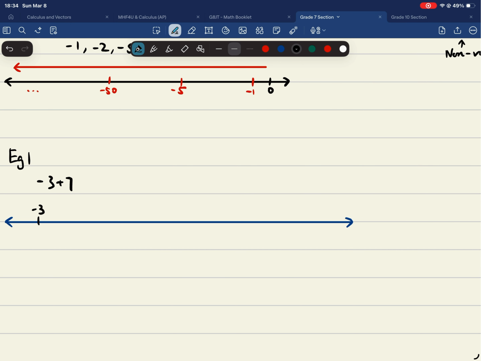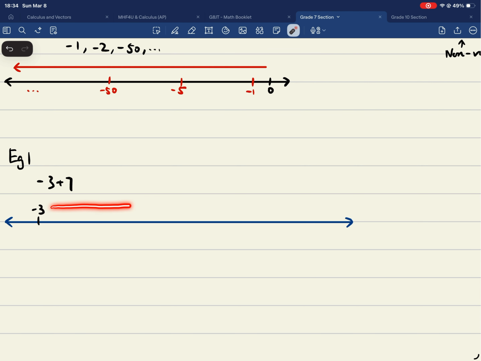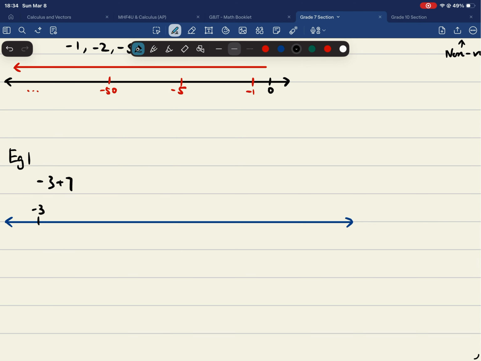And since it says plus 7, we can imagine there's a number line here. I'll draw it bigger. Here. And this will be -3. And it's saying to move 7 steps to positive.